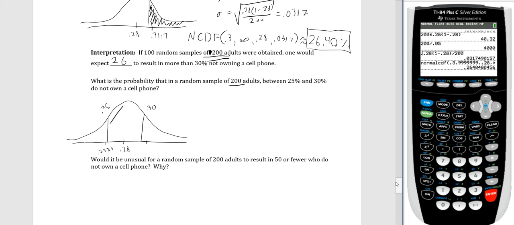And we're trying to find the area between those two. So then we can run normal CDF on that. The only change here being my lower and upper bound. My lower bound is going to be 0.25, or 25%, followed by 0.30 or 0.3, and then our same mean and standard deviation.